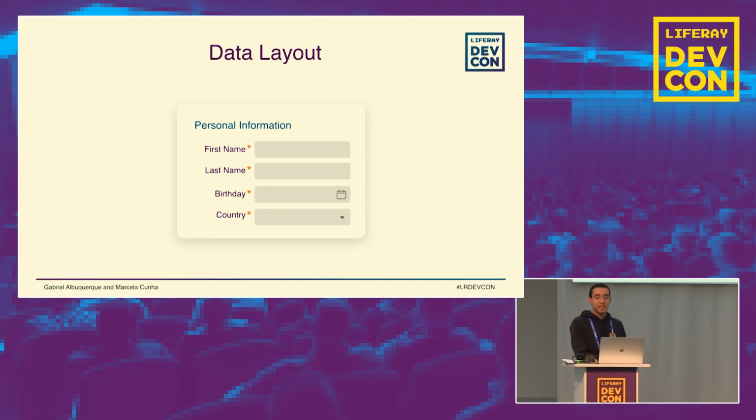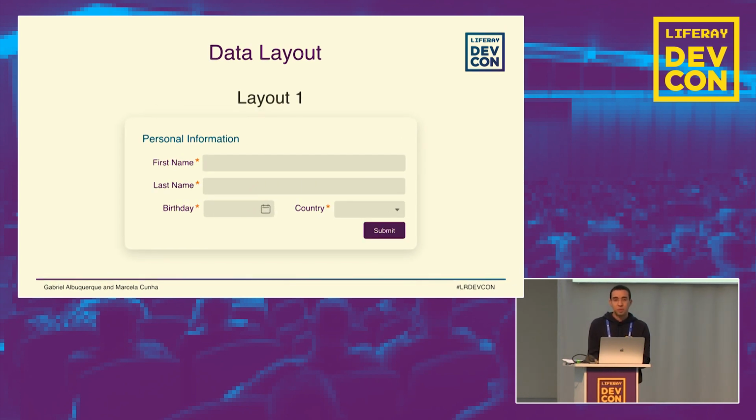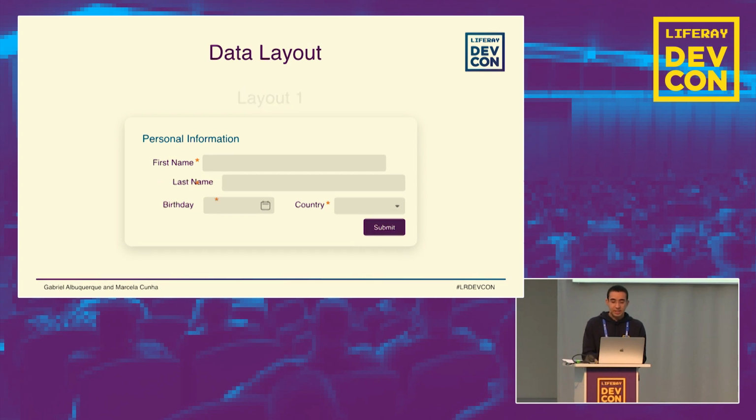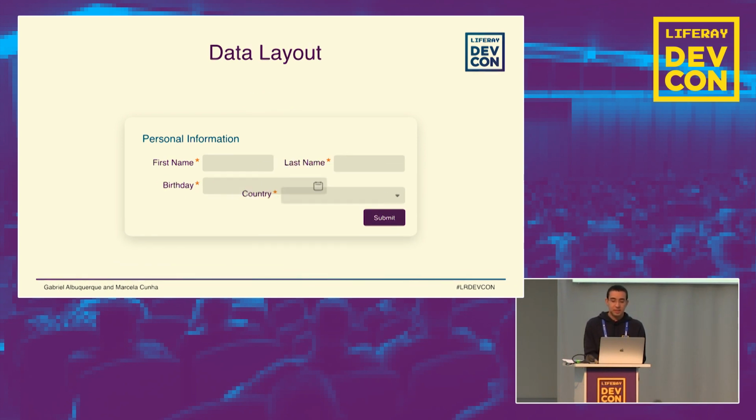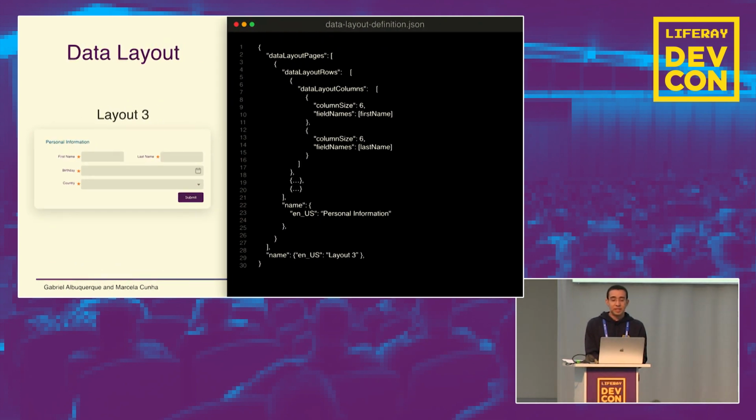Then we have data layout. It's the way you render your data definition. And then we can have multiple layouts for one data definition, like I said, like those three. And this is the way that we can define a data layout.